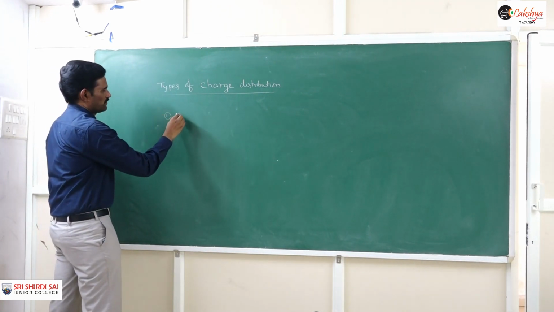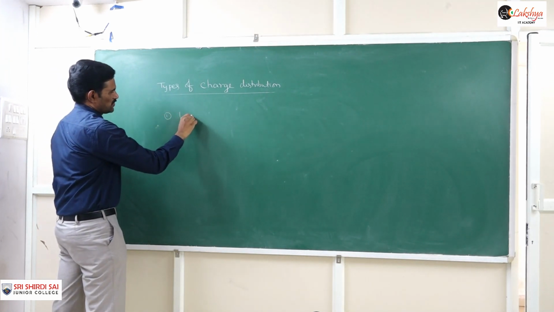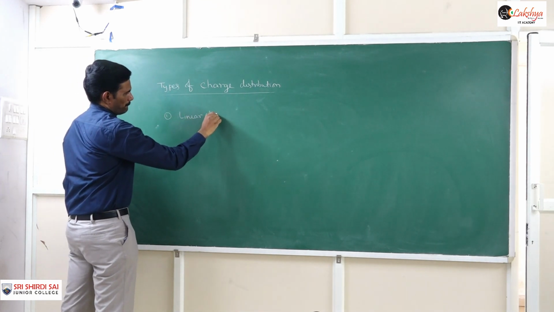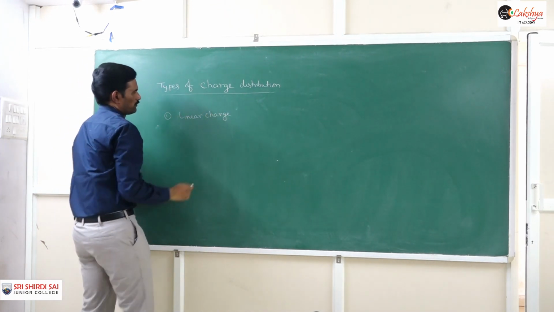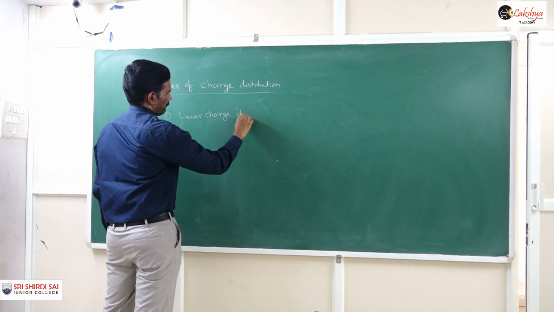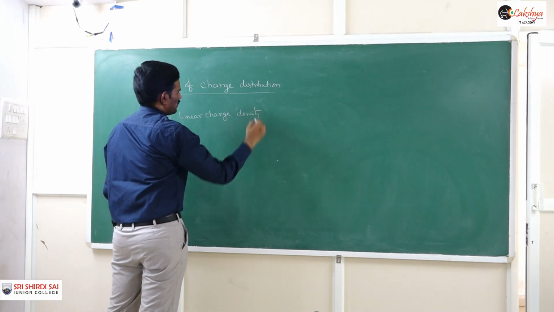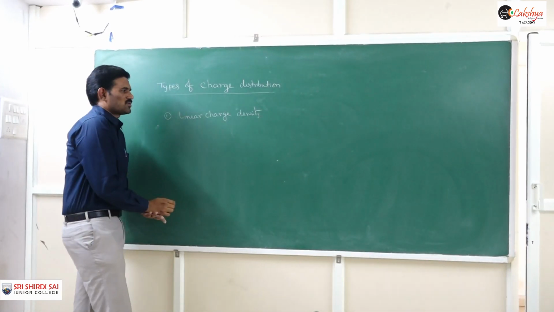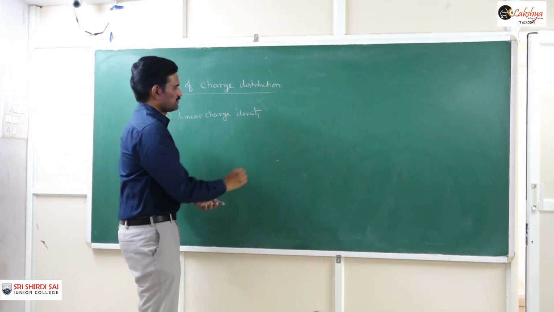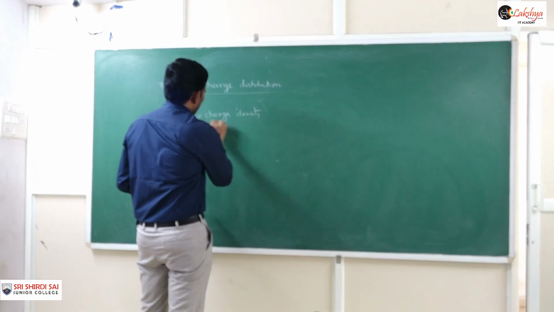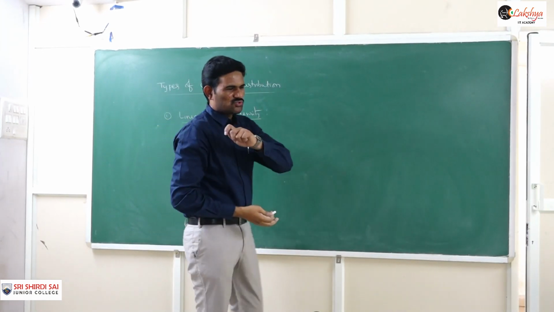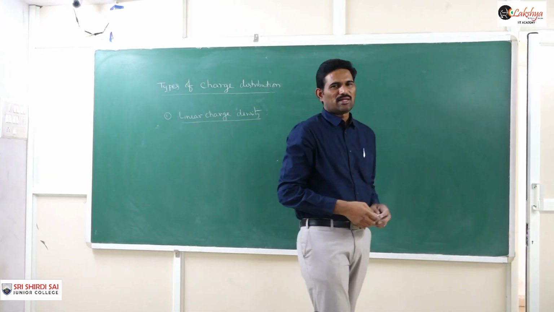One is linear charge distribution, which we define as linear charge density. Let us see the definition of linear charge density. We define the linear charge density when the charge is distributed on a one dimensional object like a wire.